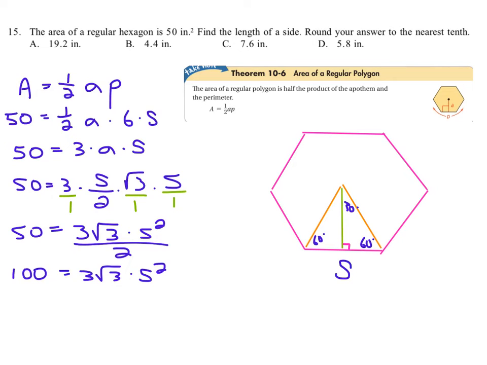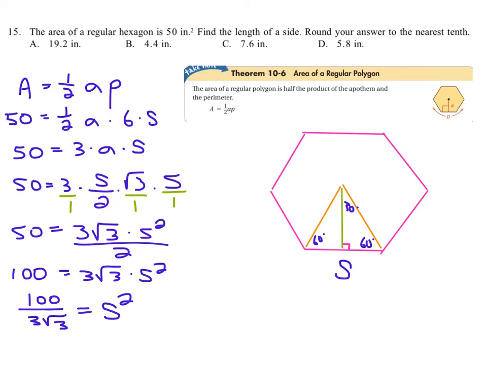Now what's the last thing that we need to do here? Well, one of the last steps is we need to divide both sides by, I'm sorry, 3 square root of 3, because that's the number part of this, 3 root 3. So I'm going to divide both sides by that. I'm going to get 100 divided by 3 root 3 is equal to the side length squared. Seems complicated, but you can keep track of it if you know what you're doing.